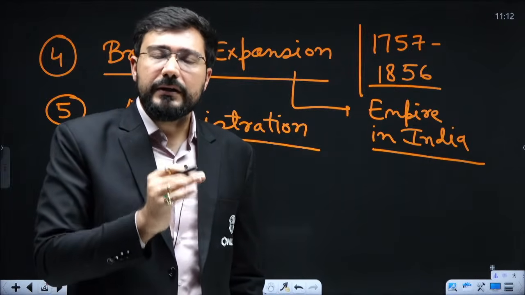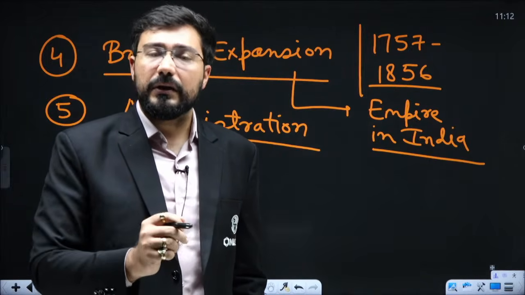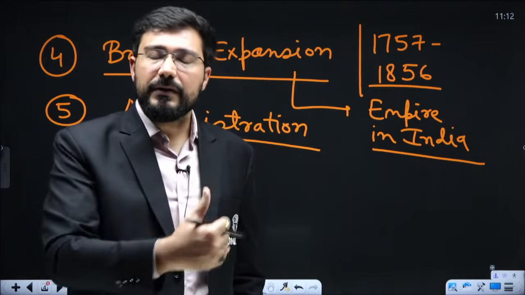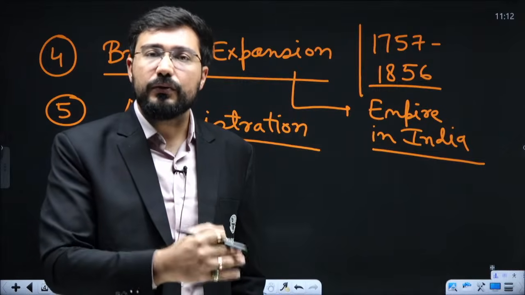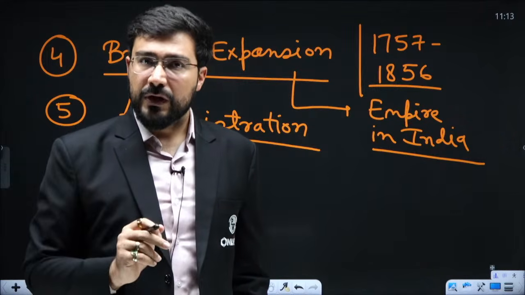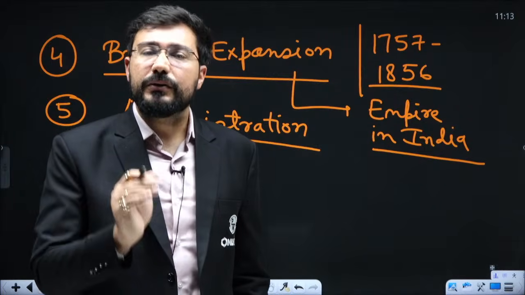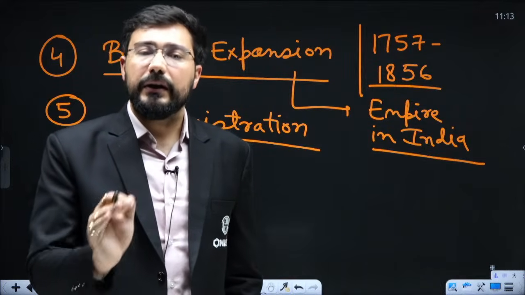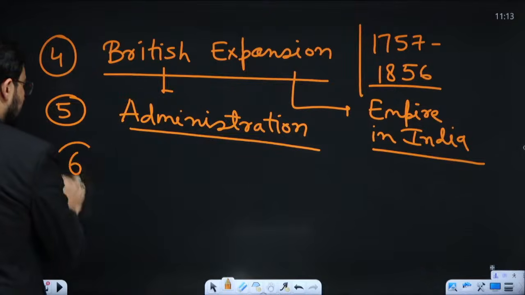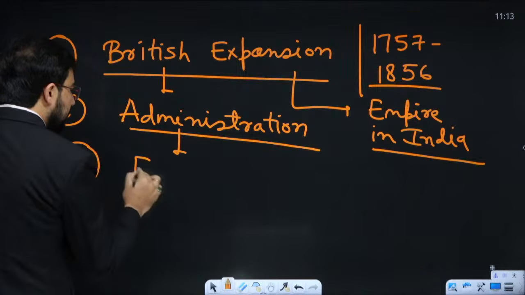Lord Cornwallis is considered the father of civil services, for which you are preparing today. So they were the ones who created civil services. They wanted civil services to rule over different parts of India and protect British interests. So administration was created to systematically exploit India. After the creation of this administration, the next thing which happened side by side was economic exploitation.